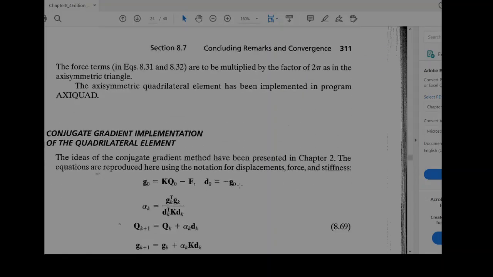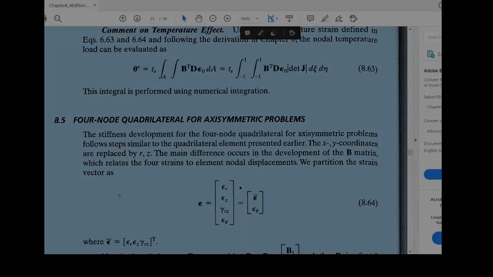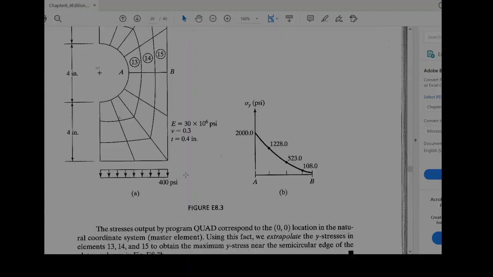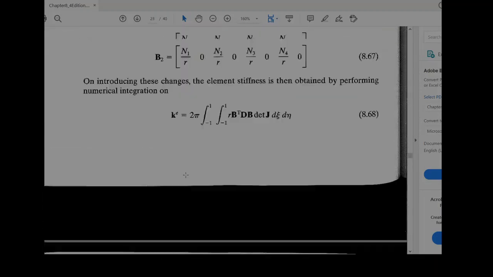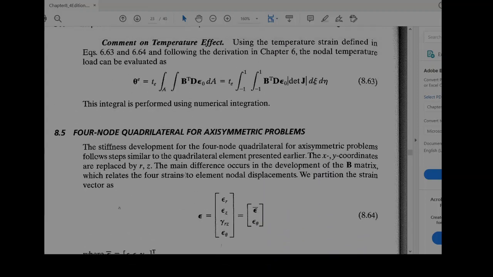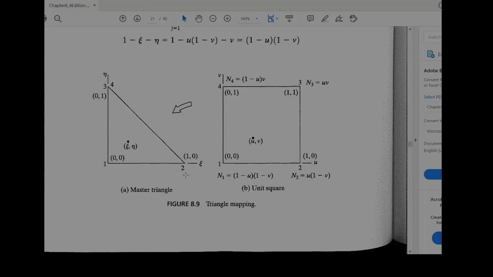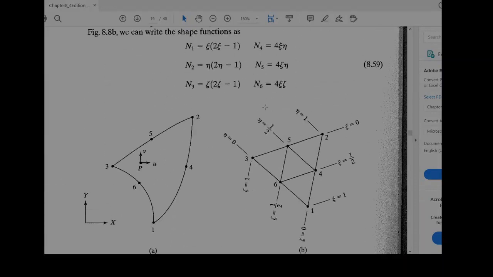There's another aspect that is important to talk about, and that is degenerate elements. Let me see if I can find that. I'm going to point out this concept of degenerate elements. Oh yeah, here it is, degenerate quadrilaterals. There should be a picture here somewhere.